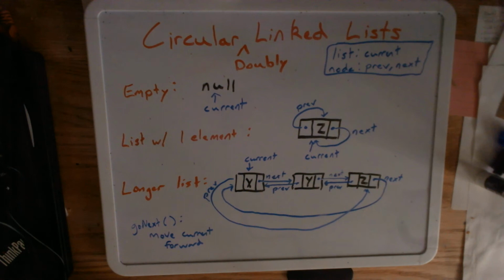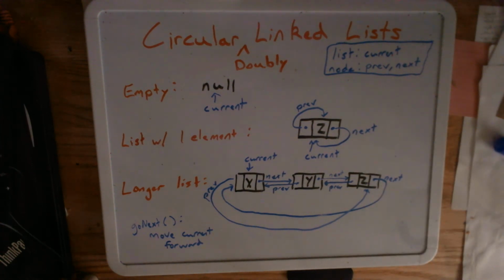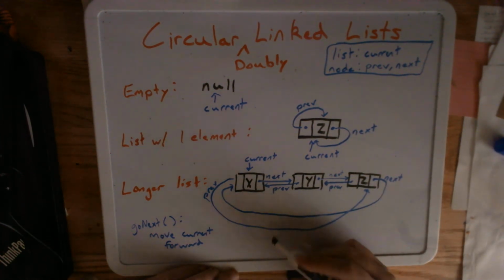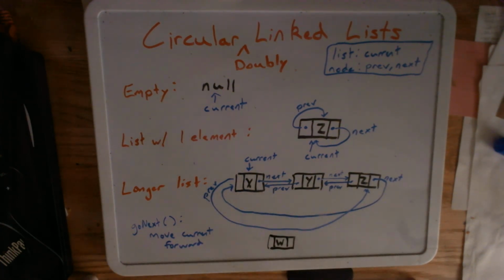Let's say we wanted to add something. And let's say that where we insert something is before wherever our current is. So we want to add something before X. So what should we do? We want to make a new node. I'll put it down here and name it W in keeping with our theme.